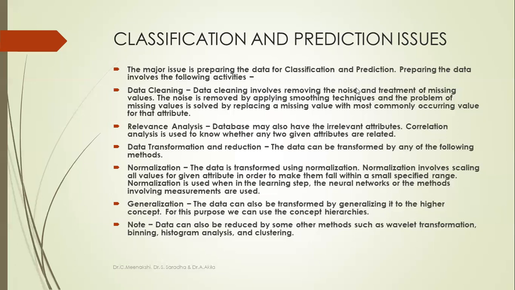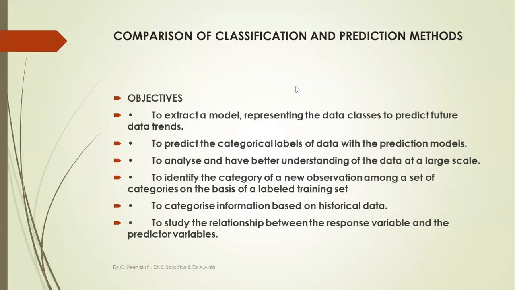Normalization is used when, in the learning step, neural networks or other methods involving distance measurements are used. At that time, normalization will be used. And then we have generalization. Generalization is mainly helpful for generalizing data into a higher concept, for the purpose of concept hierarchies. So we are going to use generalization in concept hierarchies. Okay. Next, we are going to have a comparison of classification and prediction.